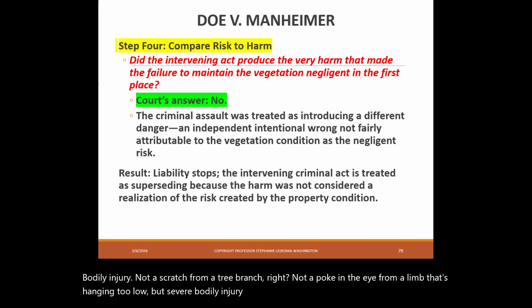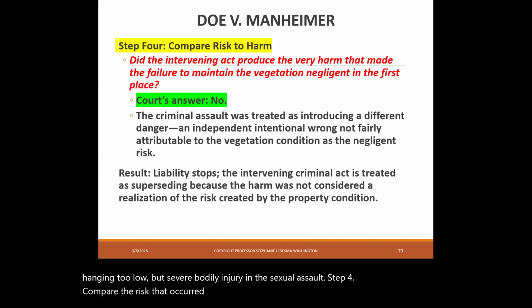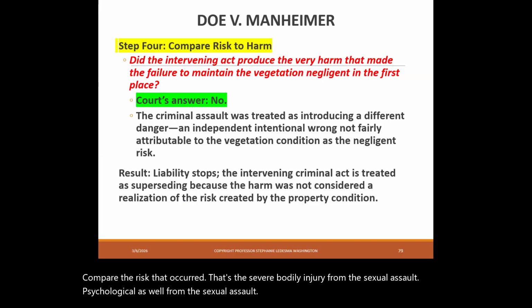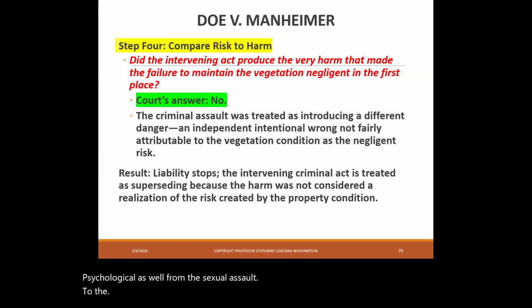Step 4, compare the risk that occurred, that's the severe bodily injury from the sexual assault, psychological as well, to the risk that made the negligent act dangerous in the first place. So, is there an alignment?